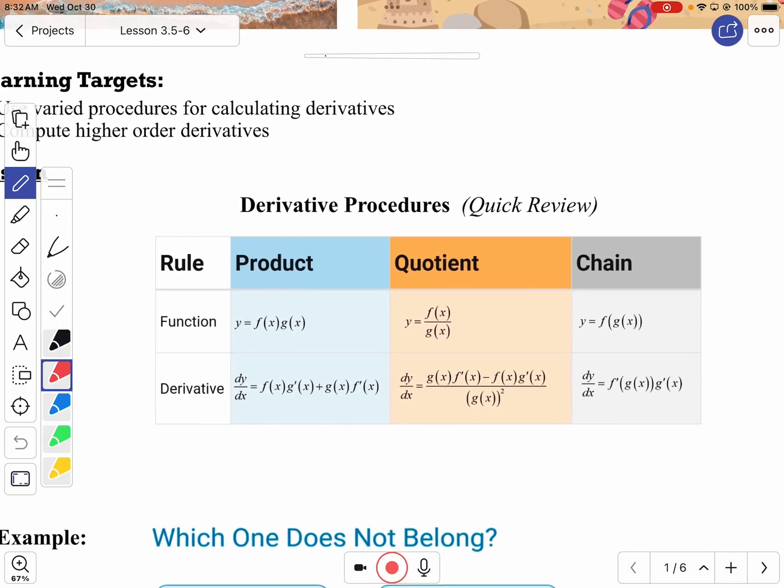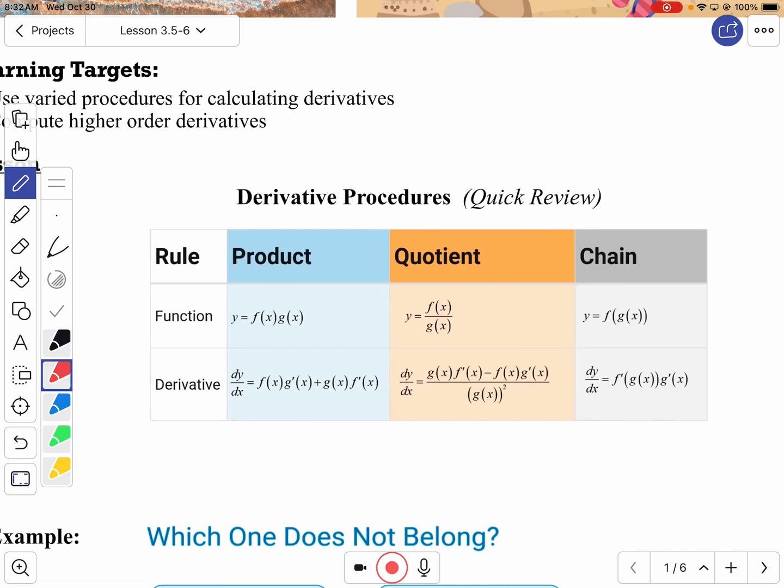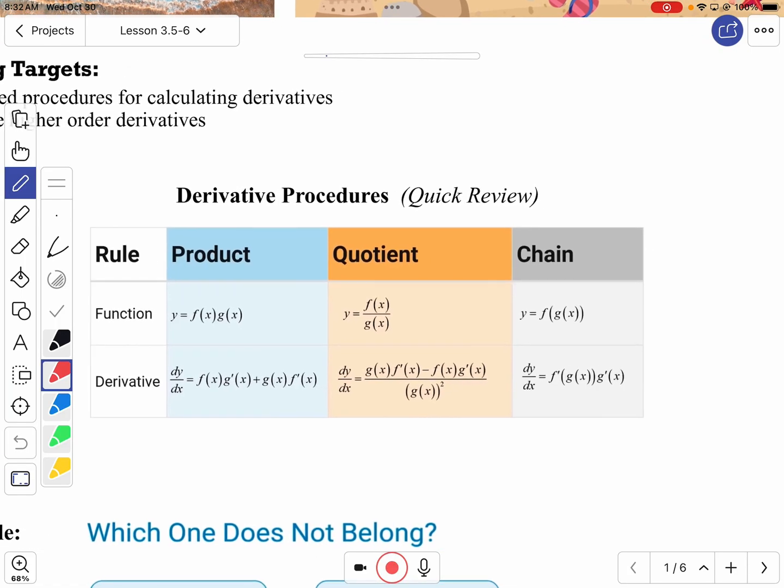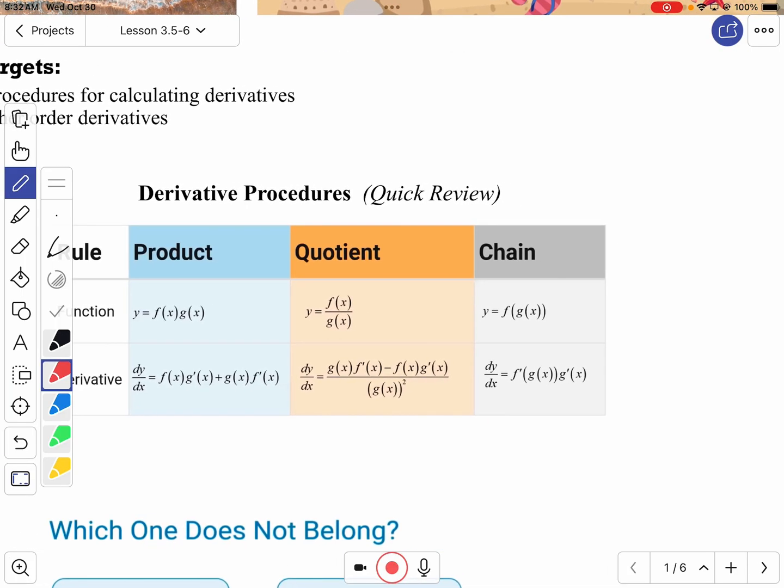All right. So here are, quick review, the things we've learned so far. The main operating procedures: product rule, quotient rule, chain rule. And then I would add to that just your basic, I like to call it basic, general power rule.